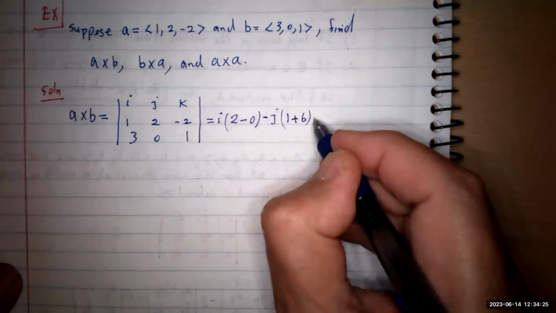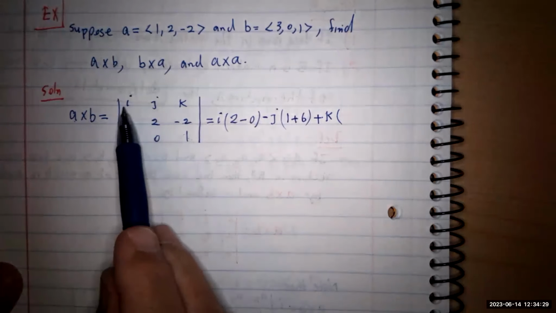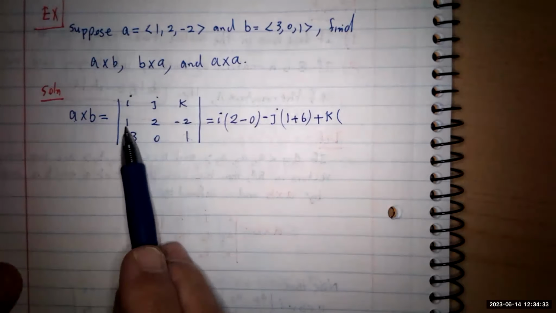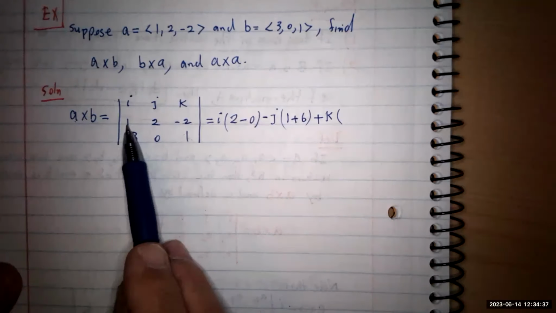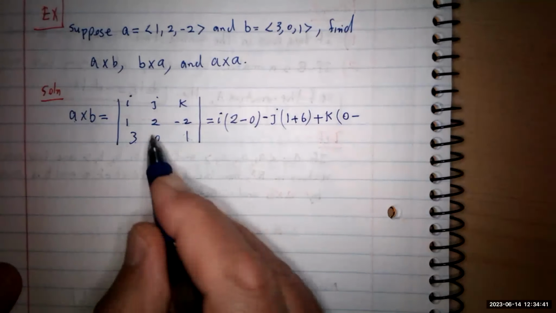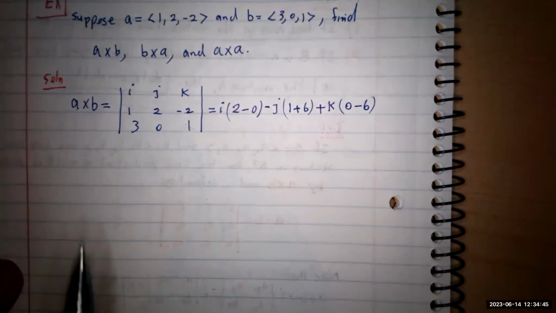You continue, plus K times, eliminate the first row, the last column, matrix 1, 2, 3, 0. Determinant: 1 times 0, 0, minus 2 times 3, 6. That's it. Simplify it.